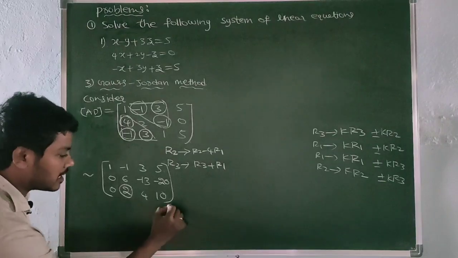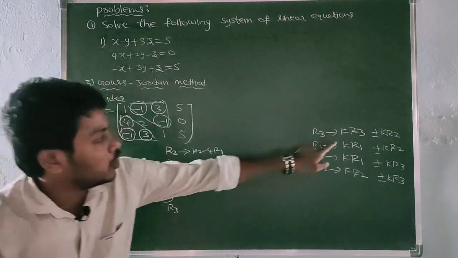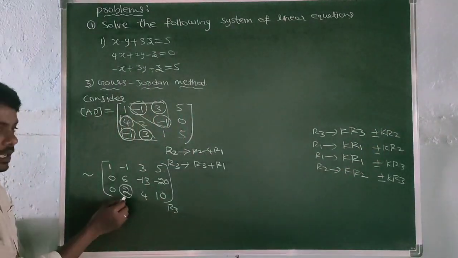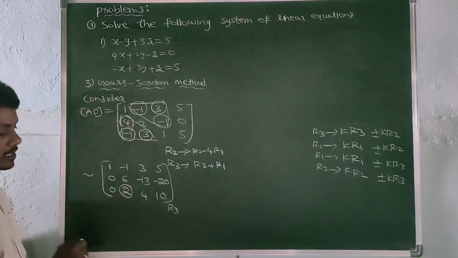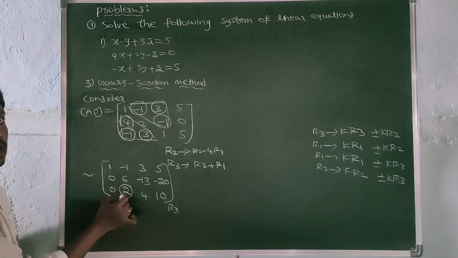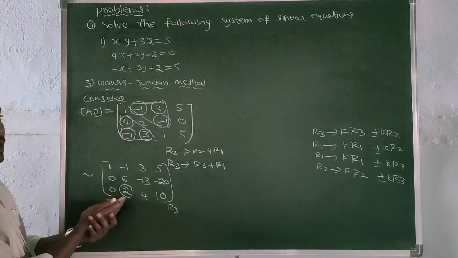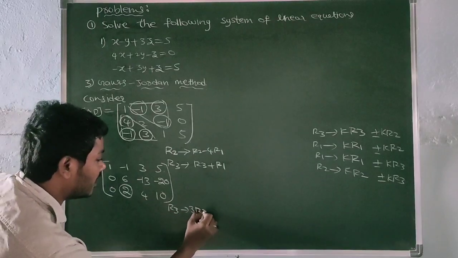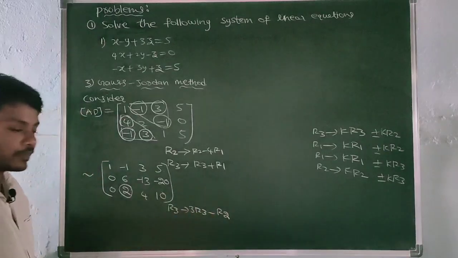That is the R3 row. For this we have to use R3 and R2. The R3 row second element is 2 and the R2 row second element is 6. So multiplying 3 with R3 and subtracting R2 from R3. So that is R3 implies 3R3 minus R2.